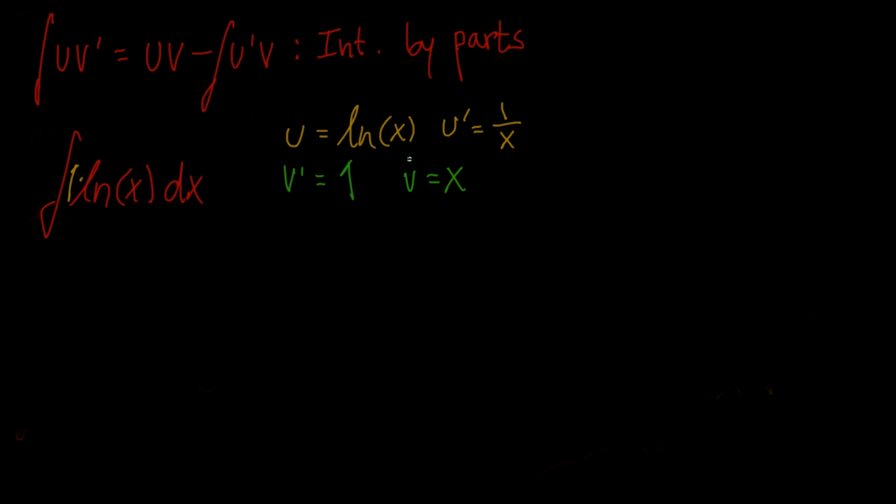And if we chose 1 instead of ln x for our u, we would end up having x times the integral of ln x, assuming we chose ln x to be our derivative of v. And obviously we cannot put the derivative of v to be our ln x, because when we try and find our v, we're just going to run into this exact same problem. So the only u that we can use right here is ln x. And now I'm just going to write out the problem.